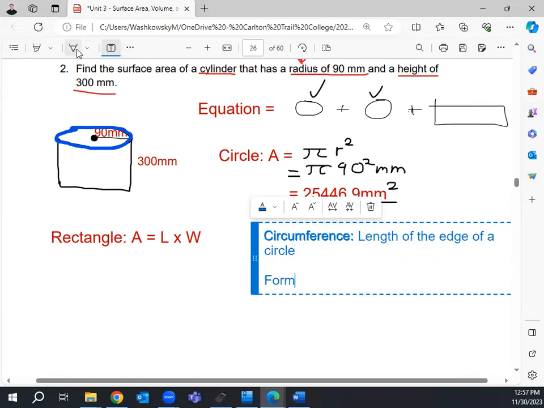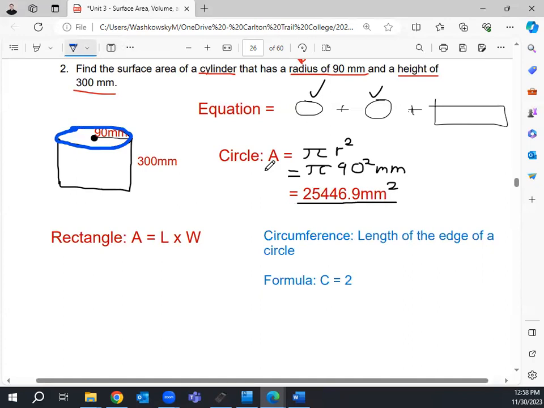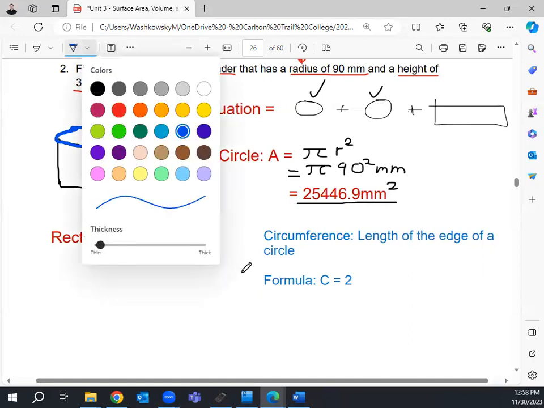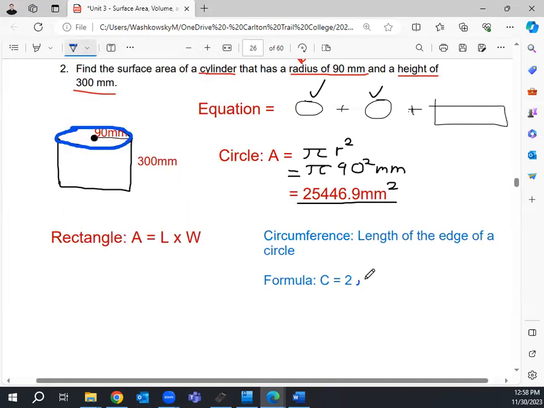And our formula for it: C, circumference, is equal to 2 pi times radius, 2 pi r.